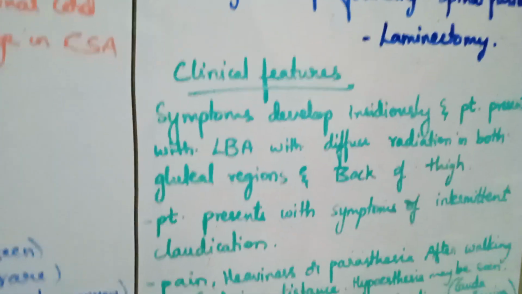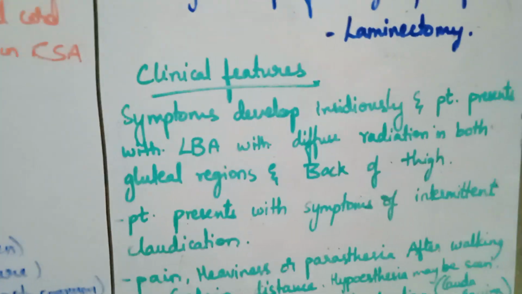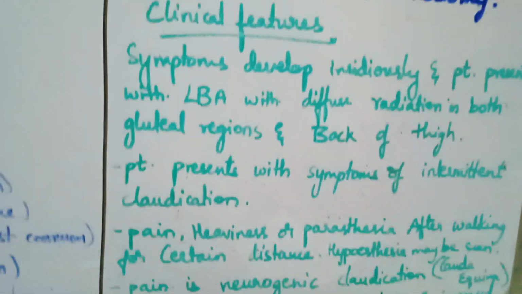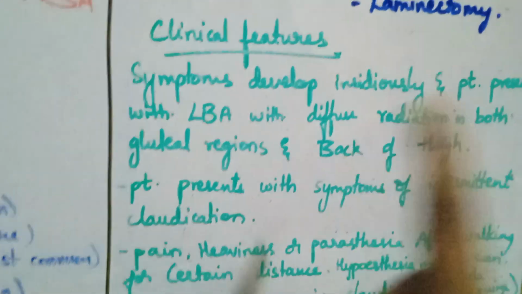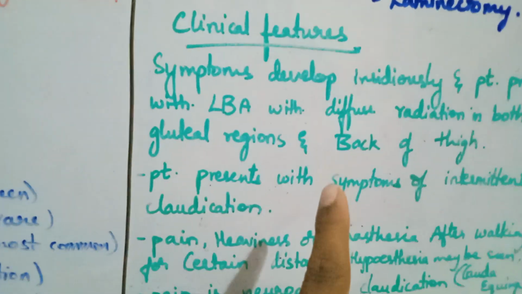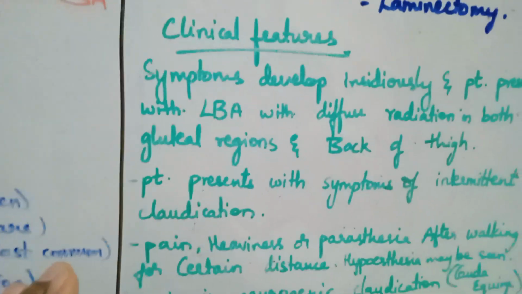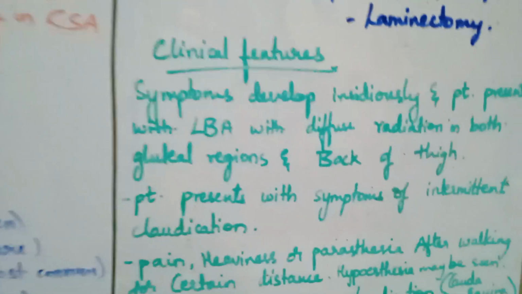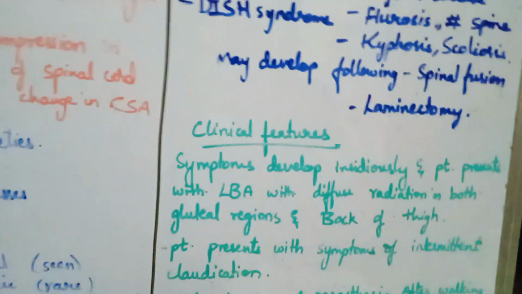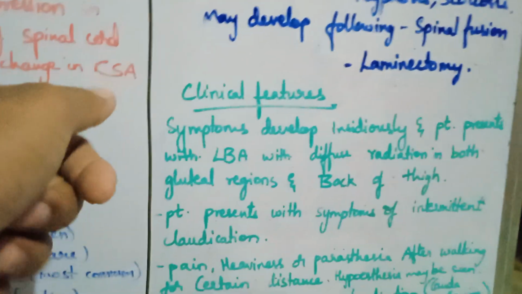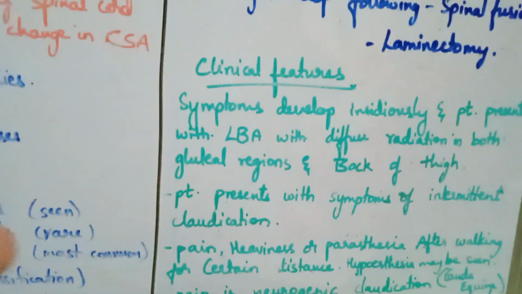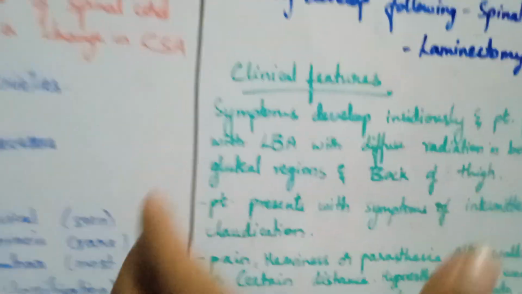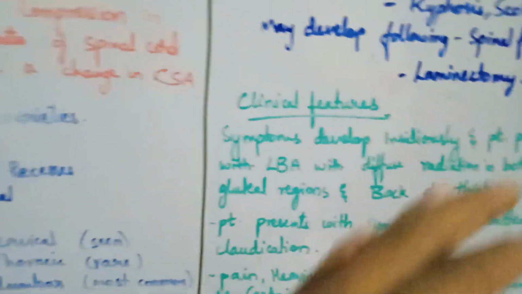Slowly the patient develops the symptoms and presents with low backache which radiates diffusely into both gluteal regions and the back of the thigh. One of the main causes of low backache is lumbar canal stenosis. The pain travels through the back of the thigh.